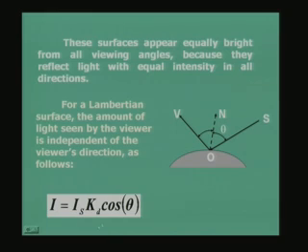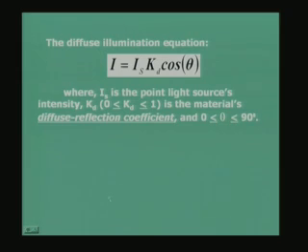It will be only dependent on theta by this following relation, Is Kd cosine of theta, which is the diffuse illumination equation I was talking about, shown in the previous slide, where Is is the point light source's intensity, and Kd, which varies again from 0 to 1, is the material's diffuse reflection coefficient.